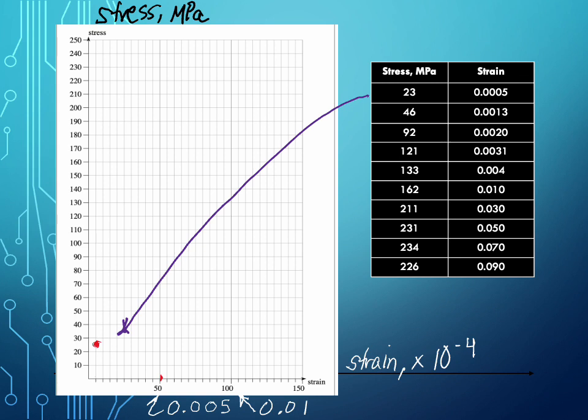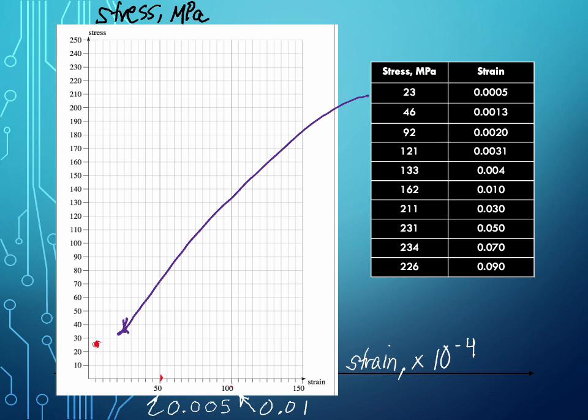So I've got points here at 50 and here at 100 and here at 150, and you would multiply those by 10 to the minus 4, so that value of 50 is actually 0.005 and the value of 100 is actually 0.01. The first data point has strain at 0.0005, which would be the first mark here, and a stress of 23 megapascals. So that's about there. That's the first data point.